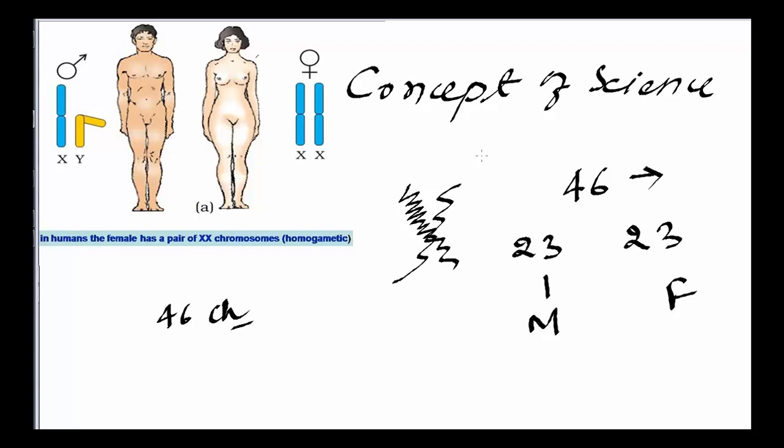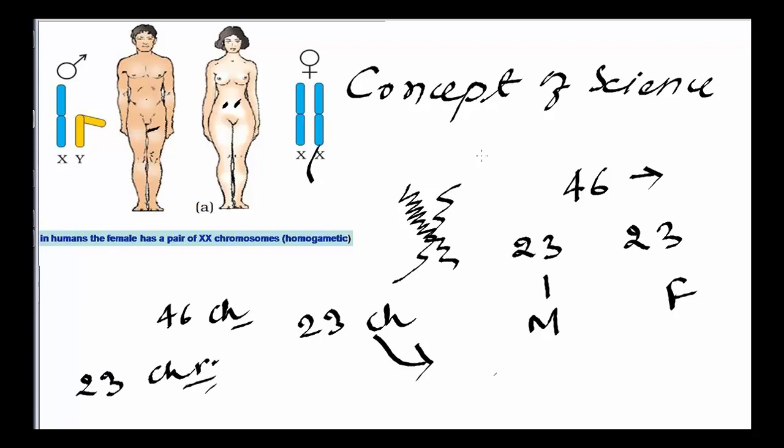The ovaries present in the mother divide the cell in such a manner that the egg has 23 chromosomes, which is sent to the child. And then in the testis, the male reproductive organ divides the cell in such a manner that they have 23 chromosomes.